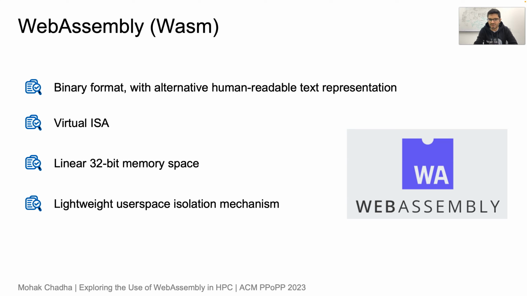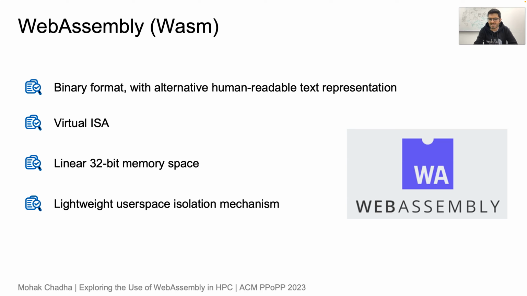It has a set of instructions that are defined in the WebAssembly specification and is meant for sandbox execution in a virtual machine. It has a 32-bit linear memory address space, so the maximum memory possible for a WebAssembly application currently is 4 gigabytes. This memory is separated from the host memory address space.